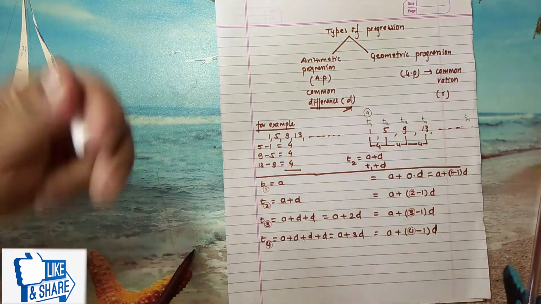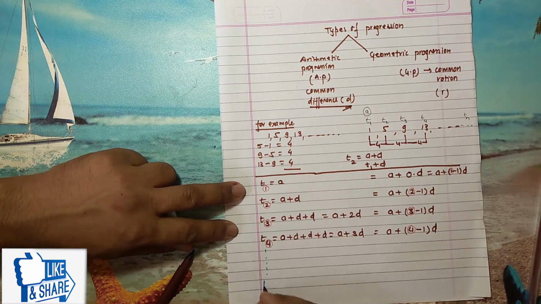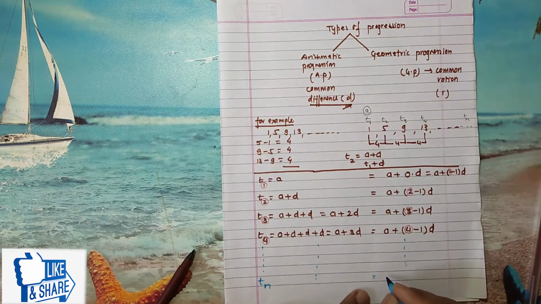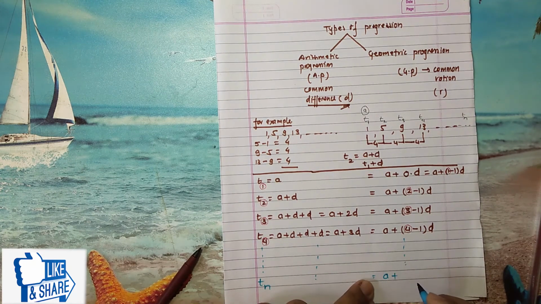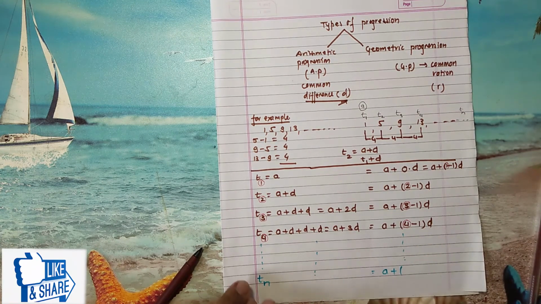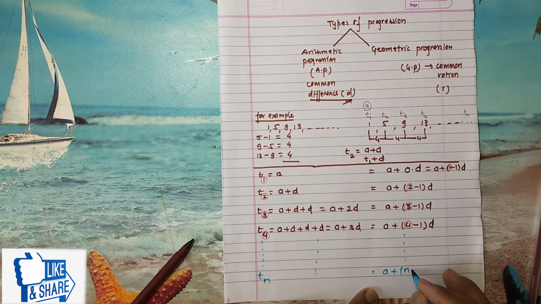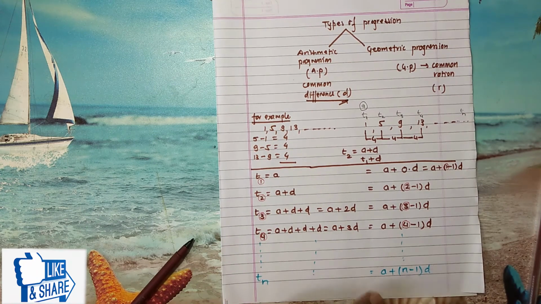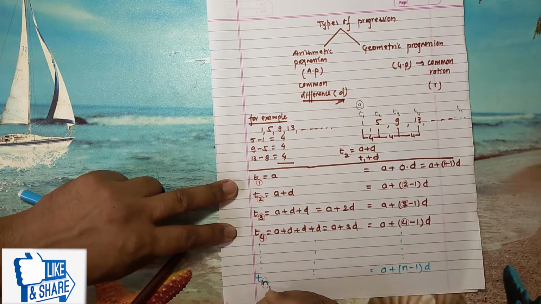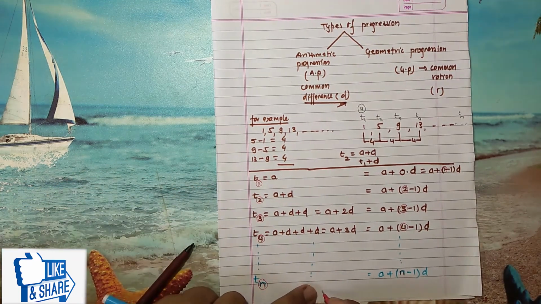If we go on in the same way, when we reach Tn, the process is the same. Then A plus, in brackets, here is n, so n minus 1 times D. This is the formula of the nth term.